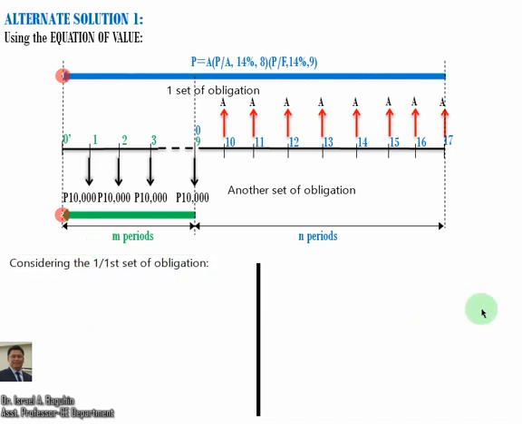So we have now this formula from the deferred annuity.